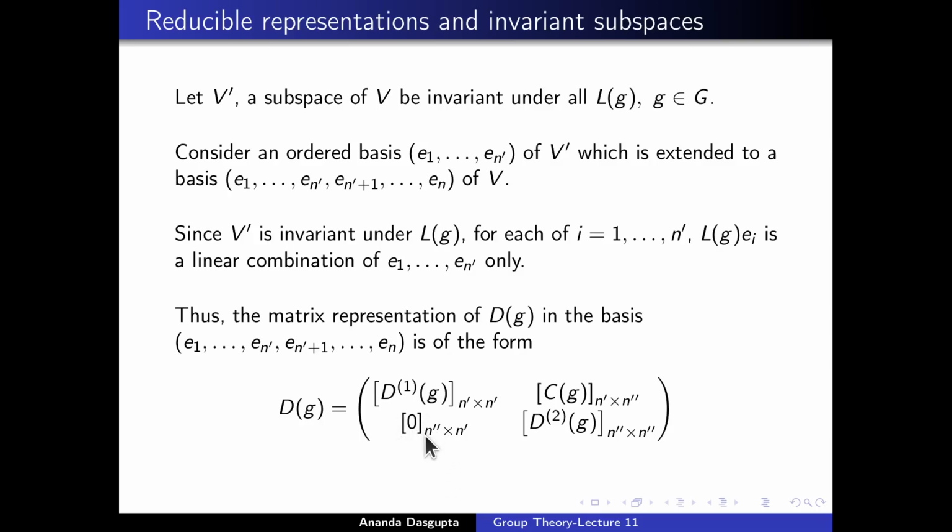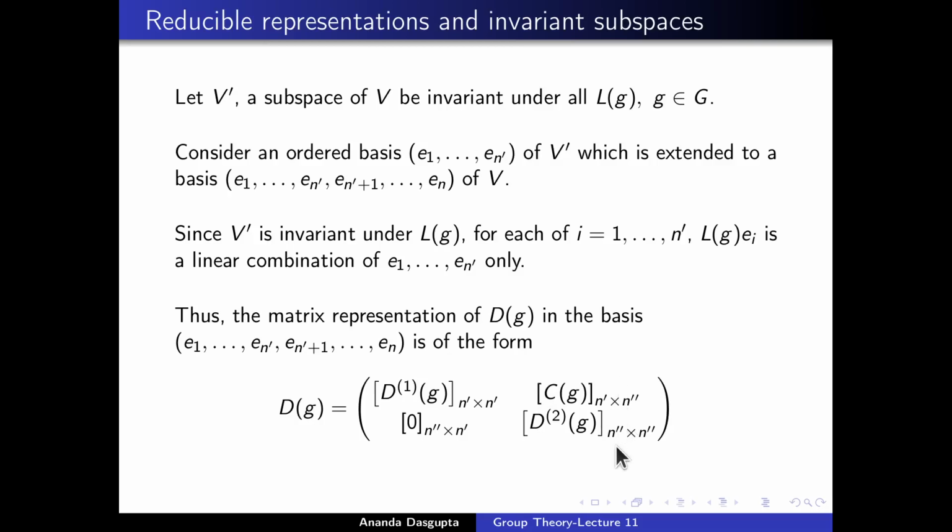Now what happens when L of G acts on En prime plus 1, En prime plus 2 and so on? Since we have made no statement about whether the space spanned by these basis vectors is actually invariant under the action of L of G or not, at this stage we cannot say anything much about them. The final n double prime columns of the n by n matrix could have non-zero elements all over the place.